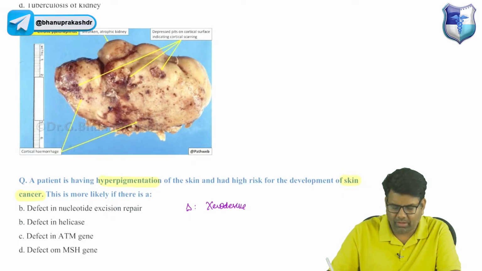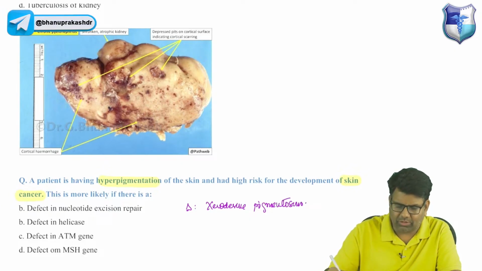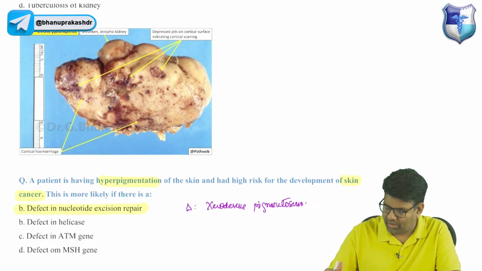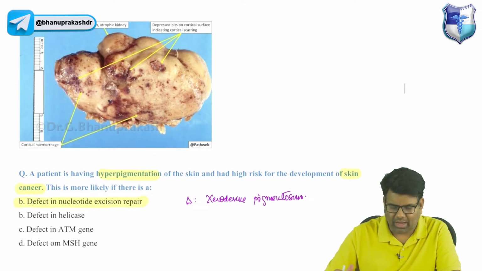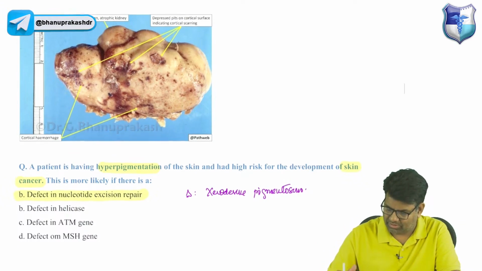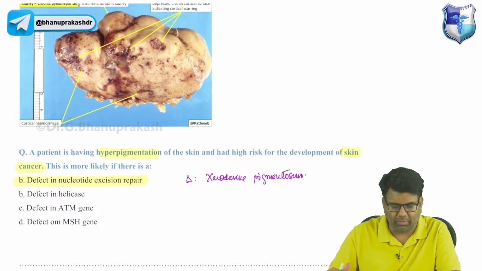Xeroderma. Right. The condition in discussion is xeroderma pigmentosum, which is because of a defect in nucleotide excision repair, and they have this development of cancer. So, xeroderma pigmentosum.